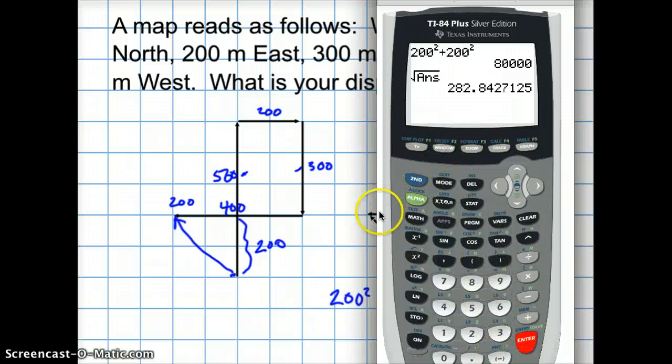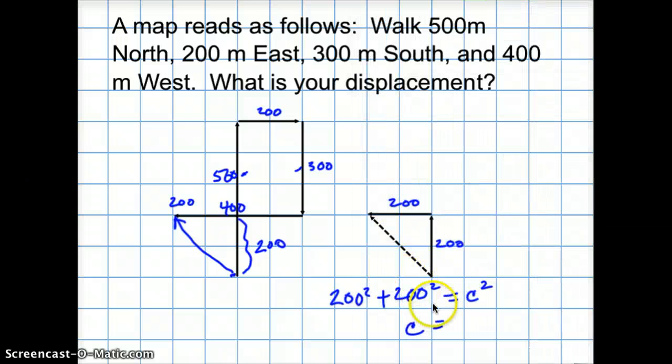That's going to give me a vector of 282.84. So my C is 282.84 meters at what angle?